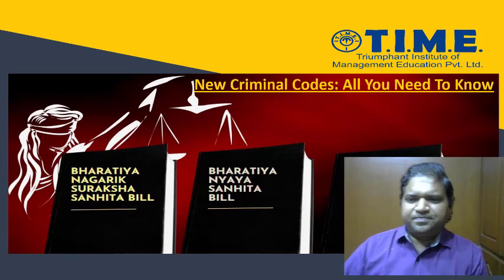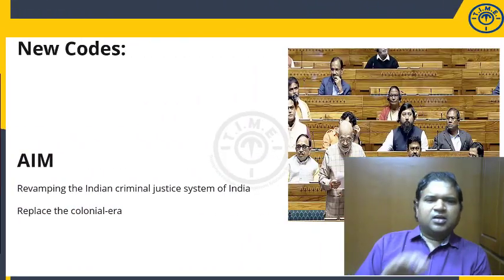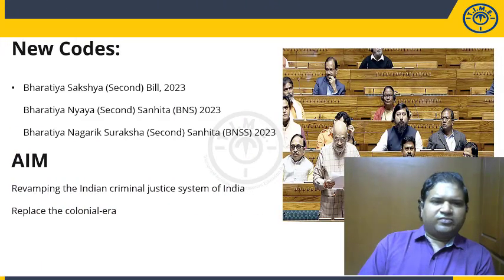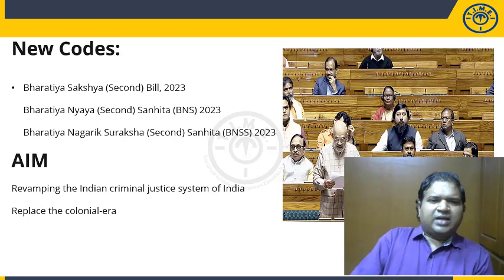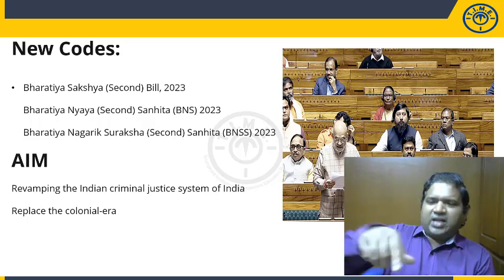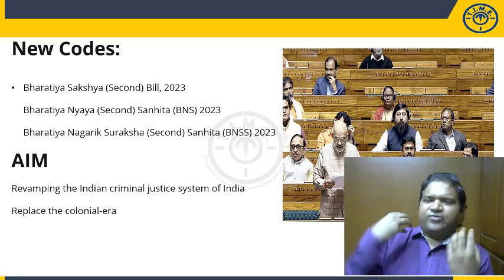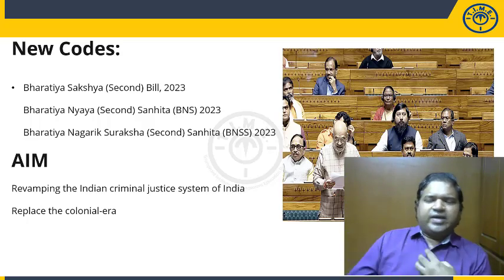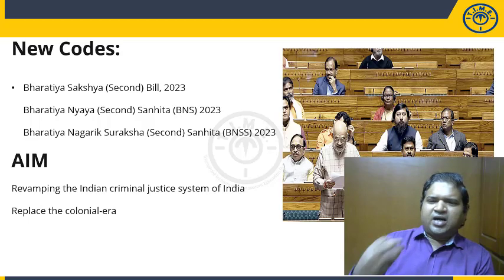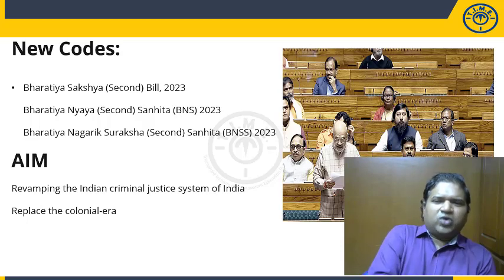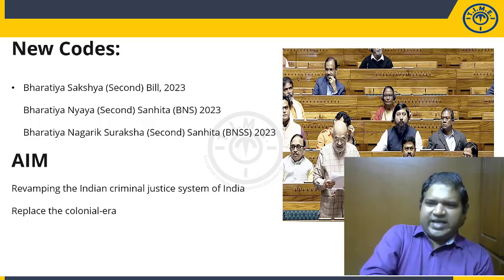Now moving forward, the new codes, as we saw, these are the three, and finally the one that got the assent of the President is called the Bharatiya Sakshya second bill. Once the first was introduced, so many objections happened, so many changes were required, so many suggestions were taken, and that was ultimately modified, and a second bill was tabled.